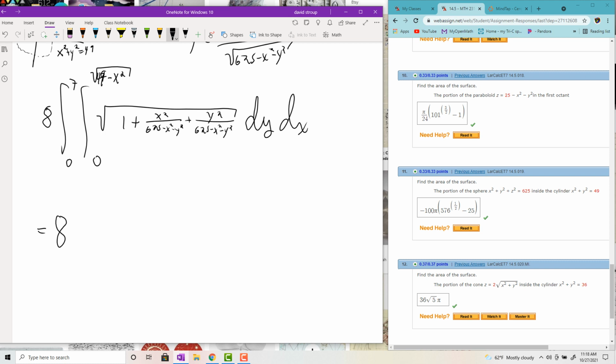Okay, so I have 8 times the double integral. We're going to find a common denominator here, so it would be 625 minus x squared minus y squared on the first guy, plus x squared over that common denominator.